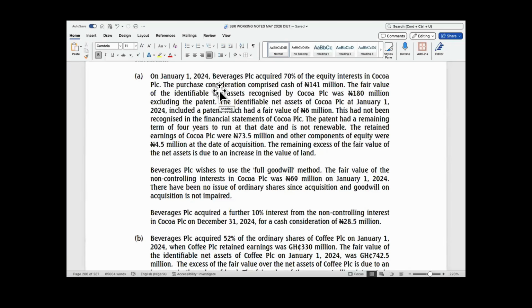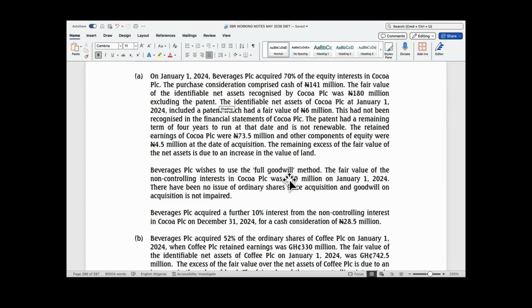Proportionate method, sir. Okay. The full goodwill method means fair value, not proportionate. When they say full goodwill method, it means fair value, meaning NCI is measured at fair value.